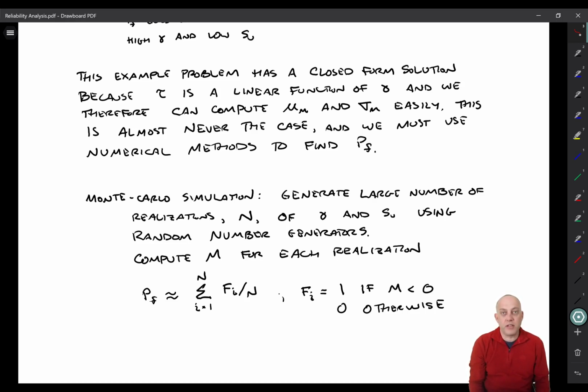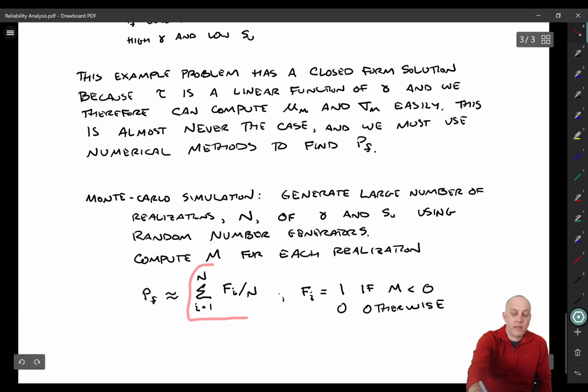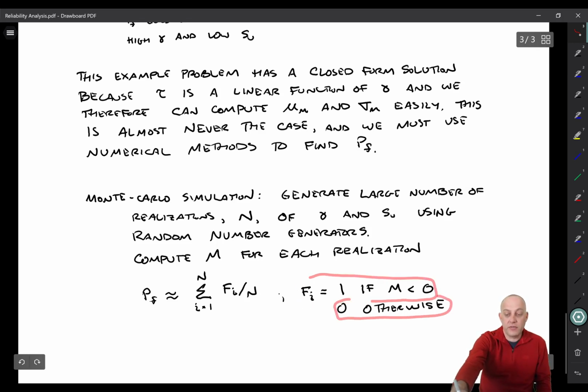The difference between the capacity and the demand. And what we want to know is what percentage of those realizations results in failure. So we have to do the summation over the failed cases, right? So F for failure is equal to 1 if the margin of safety is less than 0, and it's equal to 0 if the margin of safety is bigger than 0.